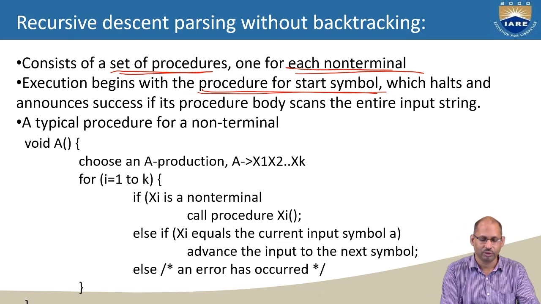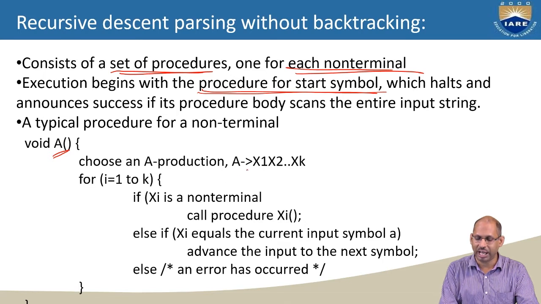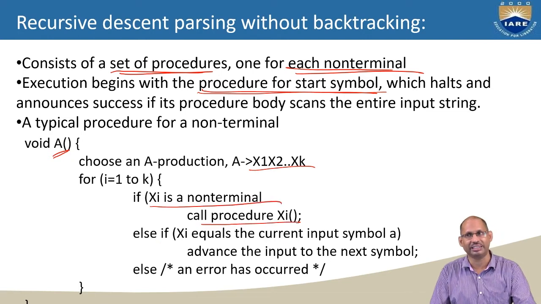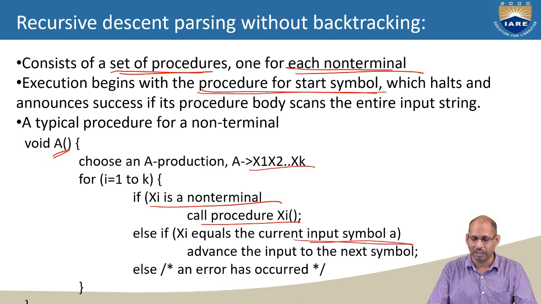So here, A is a non-terminal in our production, so we are considering the A procedure. If a production has X1 to Xk, then if Xi is a non-terminal, call the Xi function. If it is a terminal, then we check the current input symbol; otherwise, an error occurs.